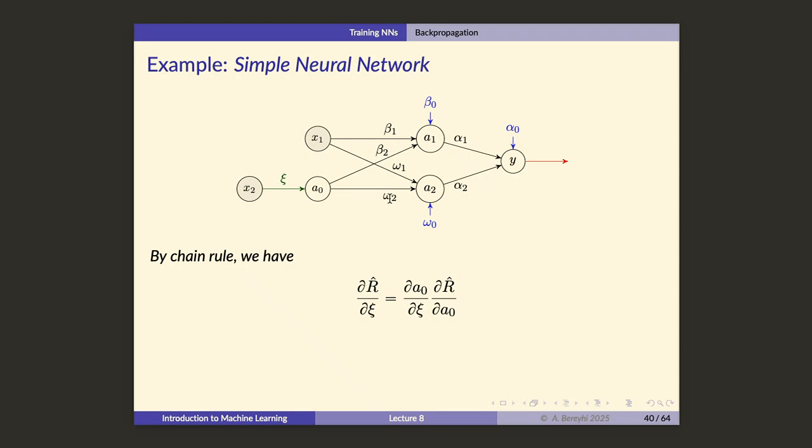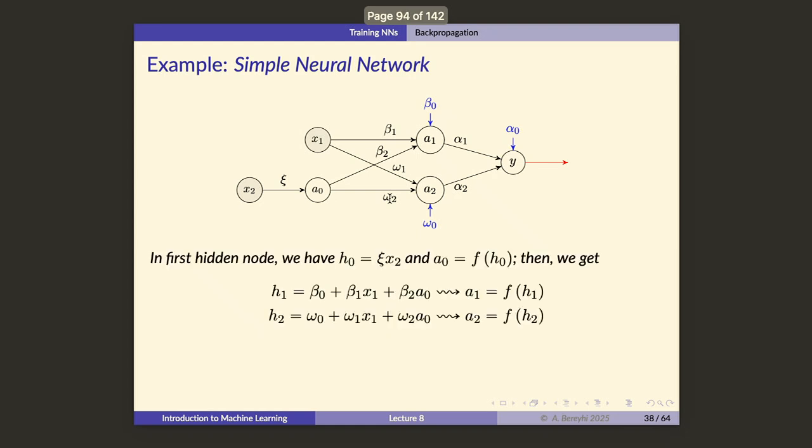And that derivative of a0 with respect to the weight, can you compute it or not? Yes, because a0 is computed directly from that weight, right? So again, remember, look at here. a0 is the activation of h0. h0 is that weight multiplied with your input, right? So you can compute the derivative with respect to that weight, right?